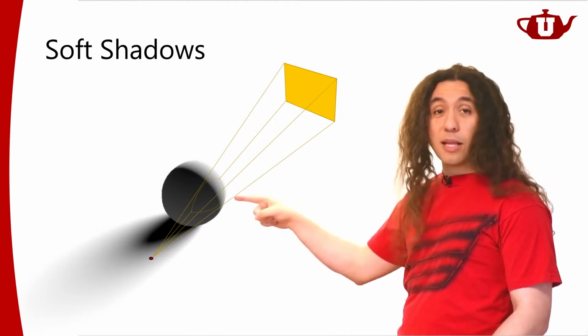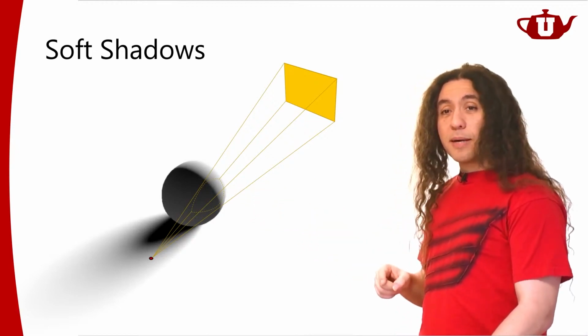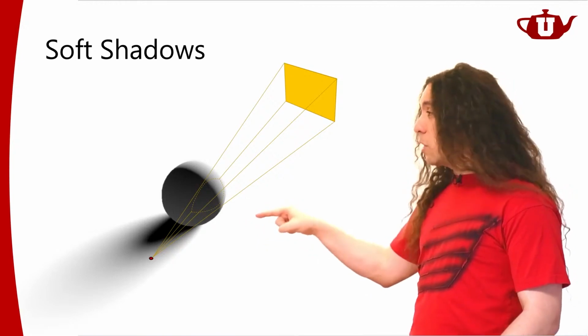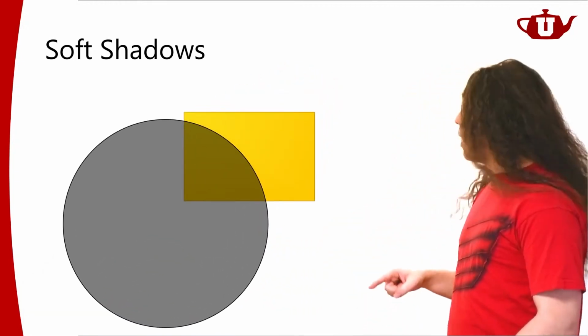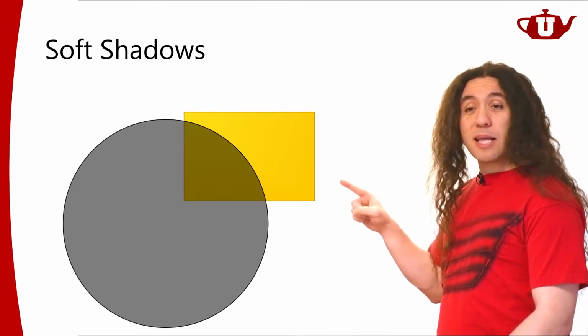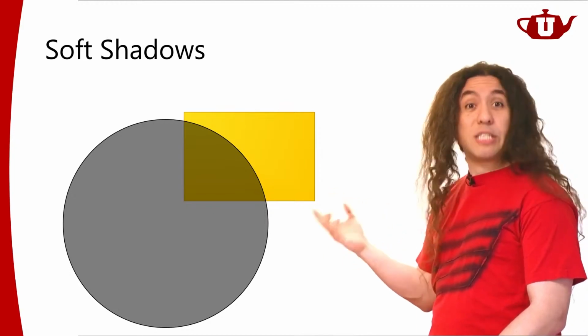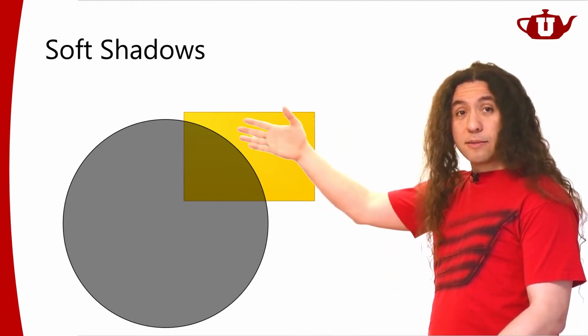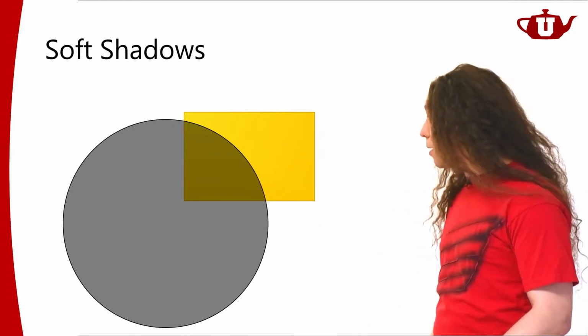It's not blocking all of the light, but it's blocking some of the light, right? So if I just look at the light source from this point's perspective, I will see that some of this light source is occluded, so shadowed, and the rest over here is visible. So this is the occluded part and this is the visible part.